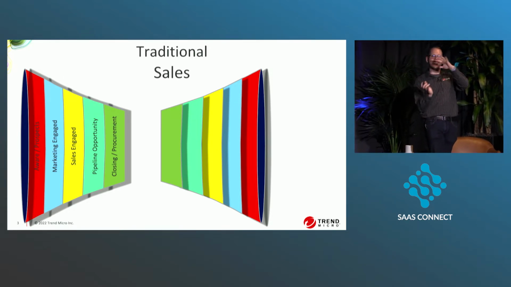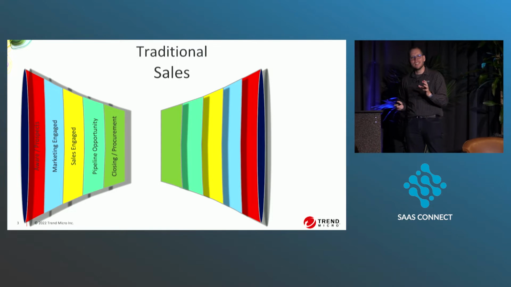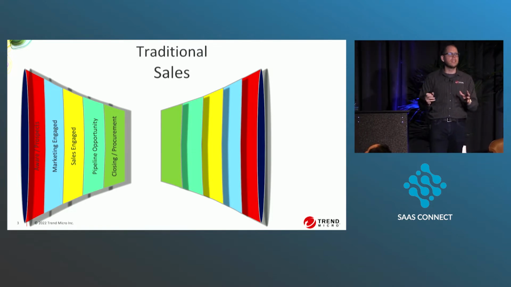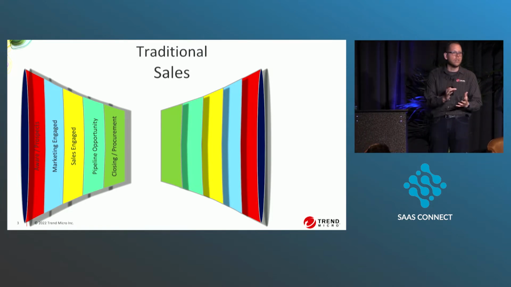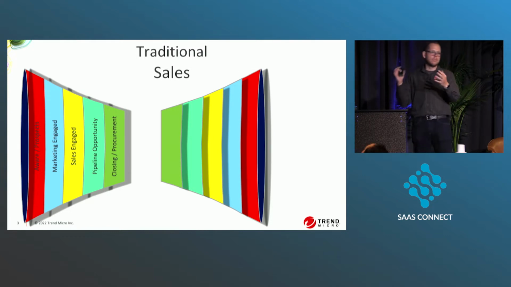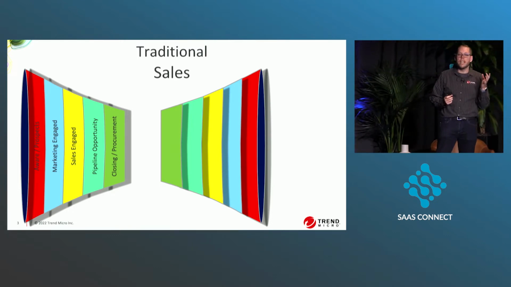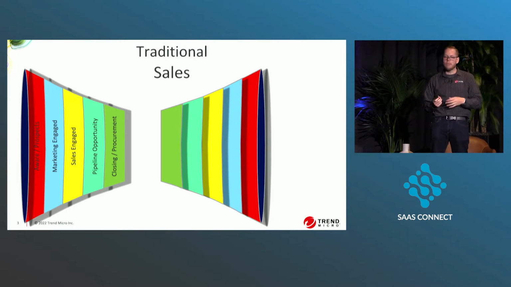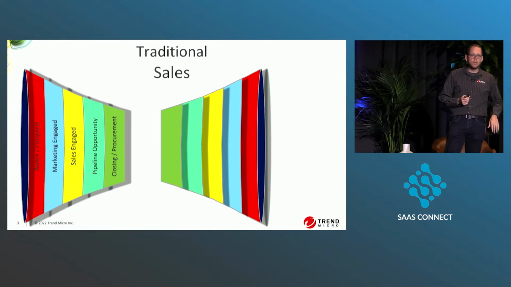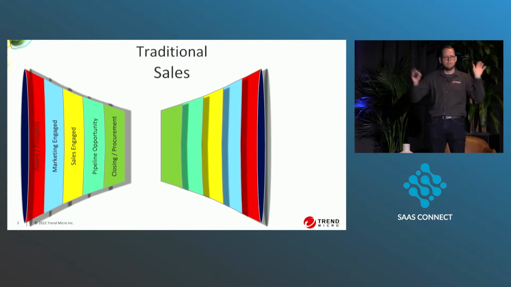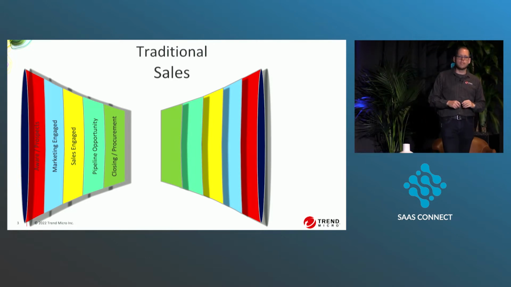The whole model gets turned on its side because instead of having that multi-million-dollar complex deal that you spend weeks, months, years implementing, you now have a small deal, maybe even free. For Trend, we offer everything with a free tier. If you want to try us out, cool, spin it up in the lab. Don't care. Do it. And if you want to scale up, great, start scaling. We'll talk to you if you get very high.